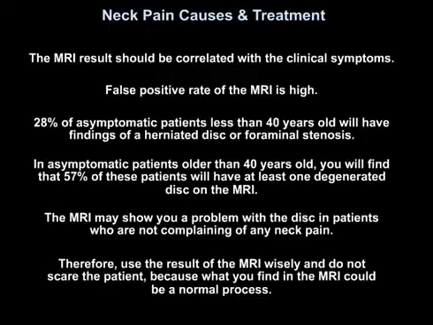So the MRI may show you a problem with the disc in patients that are not complaining of any neck pain. Therefore, use the result of the MRI wisely and don't scare the patient, because what you find in the MRI could be a normal process.